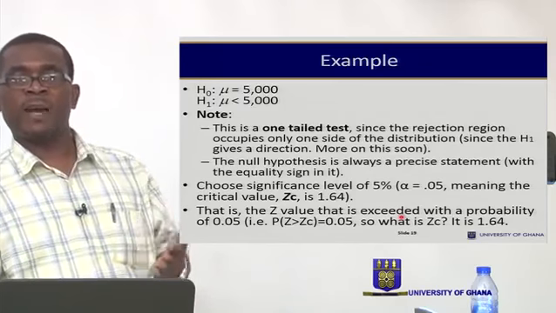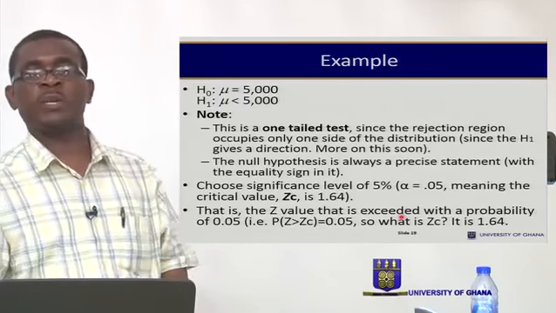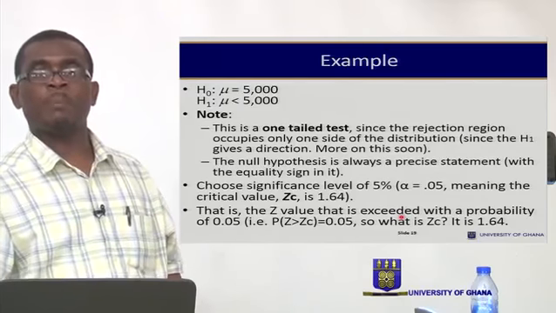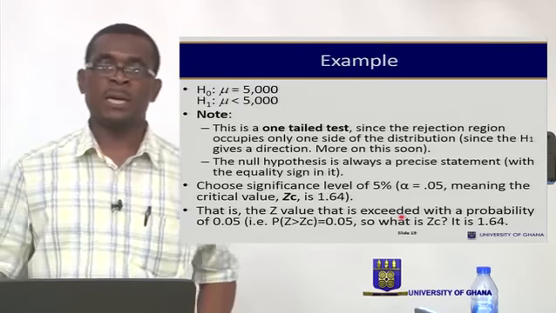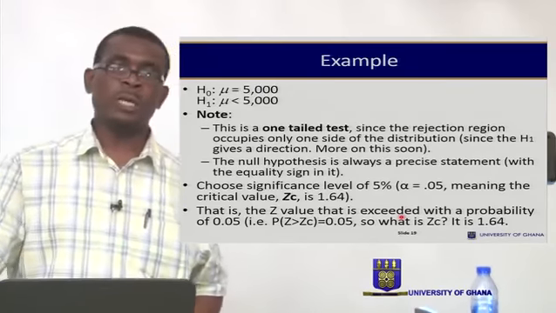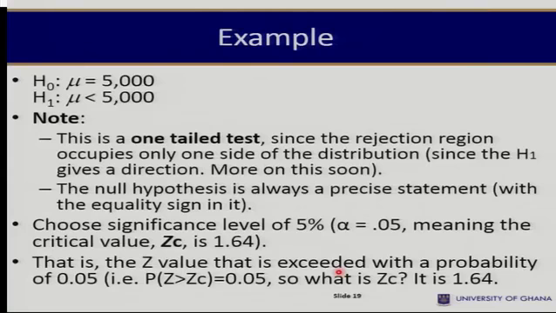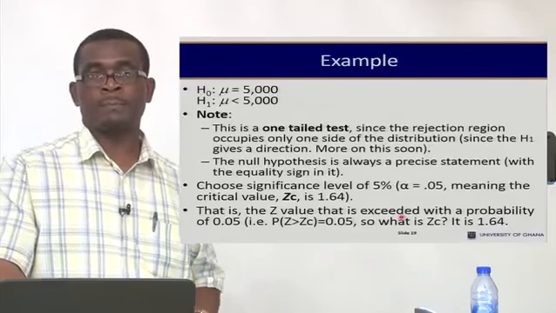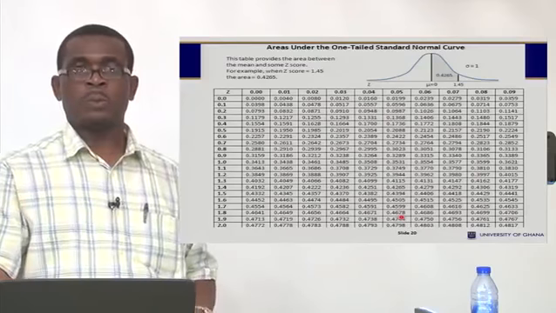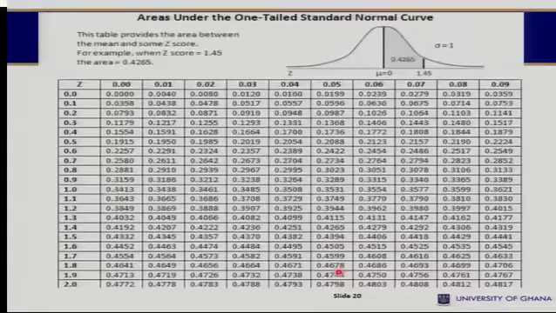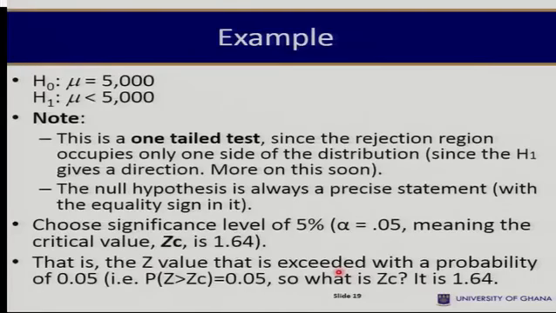If alpha is 0.05, your critical value will be 1.64, because the critical value is that z value which is exceeded with a probability of 0.05. As simple as that. We've dealt with this earlier, so I'm using these terminologies for you to appreciate it. The table is here to show you how we obtain the 1.64.